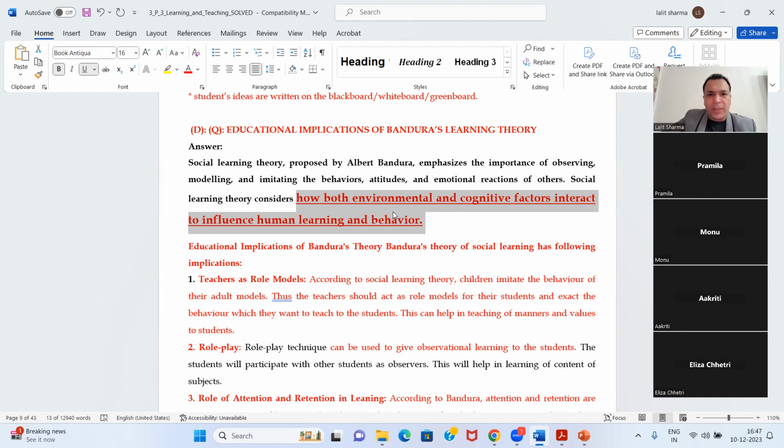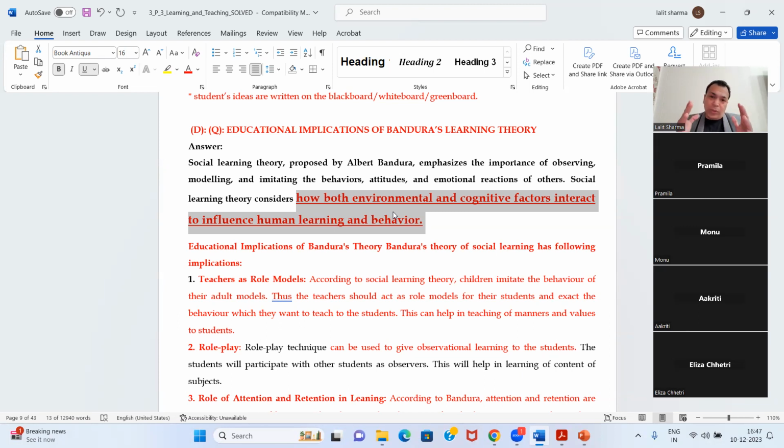So Bandura talks about, now see what happened. Classical conditioning theory and trial and error theory, who has given the trial and error theory? It was given by Thorndike. It is in your syllabus. Classical conditioning theory is given by Ivan Pavlov. Both have given it.